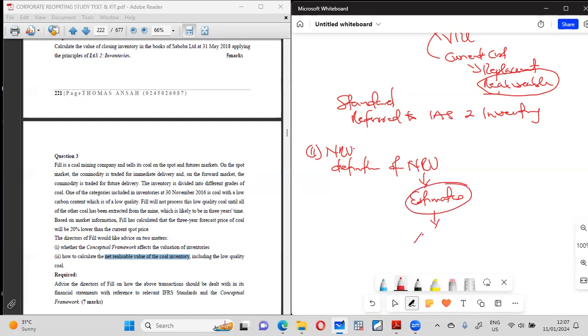An adjustment on an estimate will bring you into IAS 8, change in what? Estimate. And those changes will be recognized in the profit or loss. All right, those changes that will happen will be recognized in the profit or loss.